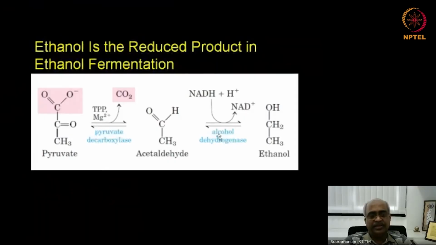Using alcohol dehydrogenase, just like with lactic acid, again the reduced NADH is oxidized, and that is used to reduce acetaldehyde to ethanol.